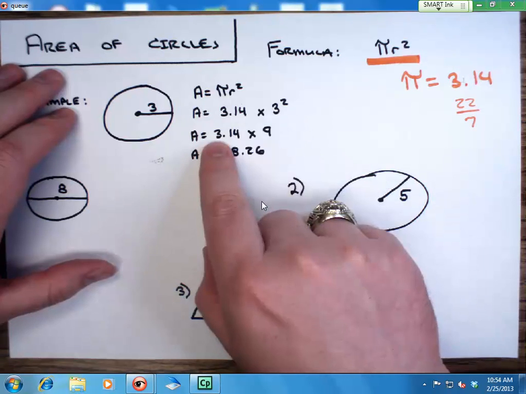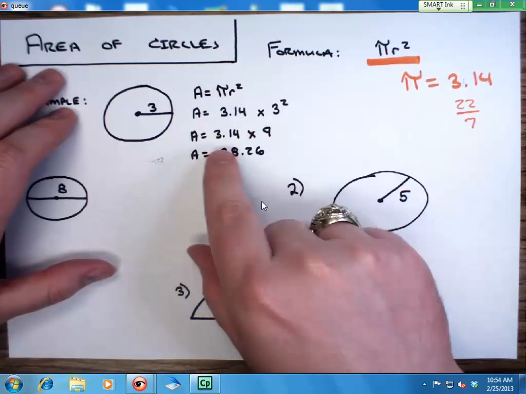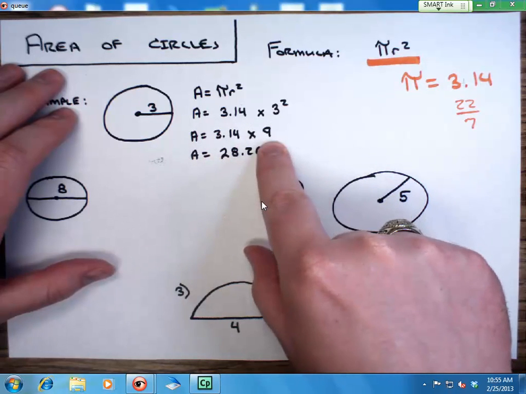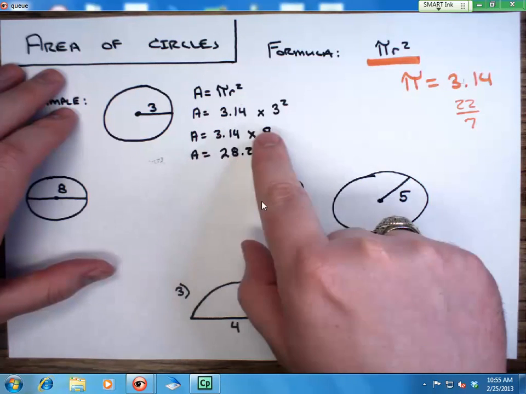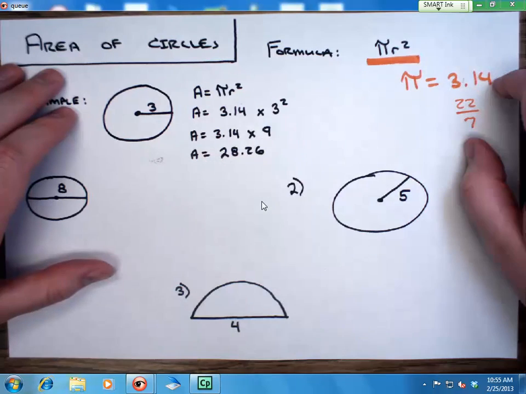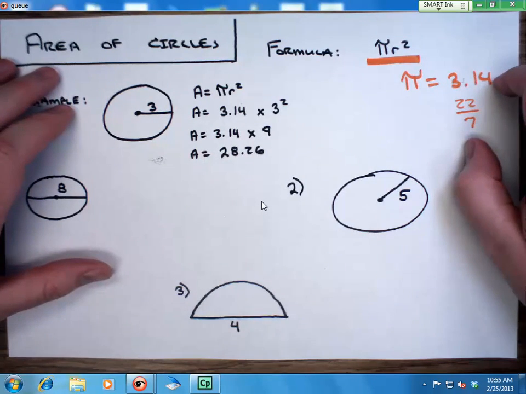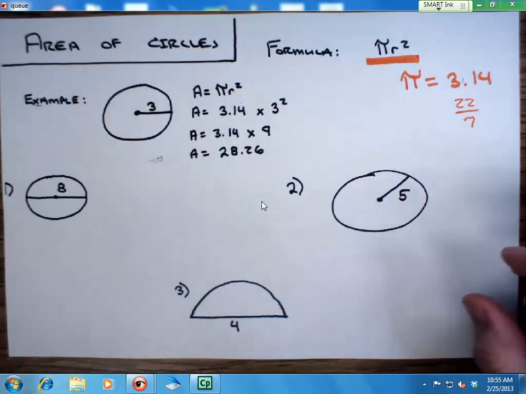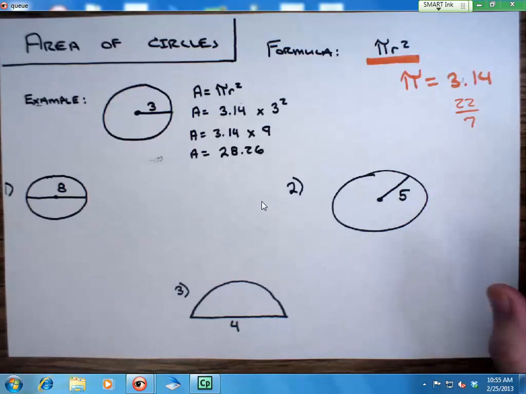Okay, then I'm going to use my order of operations, so I'm going to have 3.14 times 3 to the second power equals 9. Then I'll multiply 3.14 times 9 to get 28.26. And that's my answer. Okay, that's all we have to do. It's not that difficult. All we're going to do is plug our numbers into our formula, work it out, get our answer.